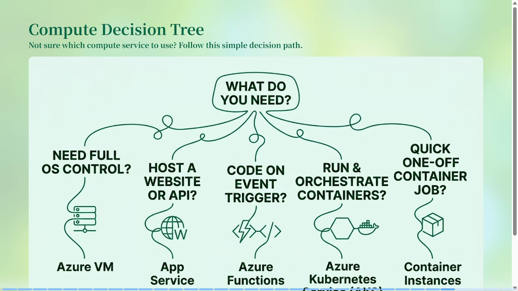If yes, then the best choice is Azure Functions, because Azure Functions runs code only when needed, automatically scales. You pay only for execution time. So Functions equals event driven serverless compute.